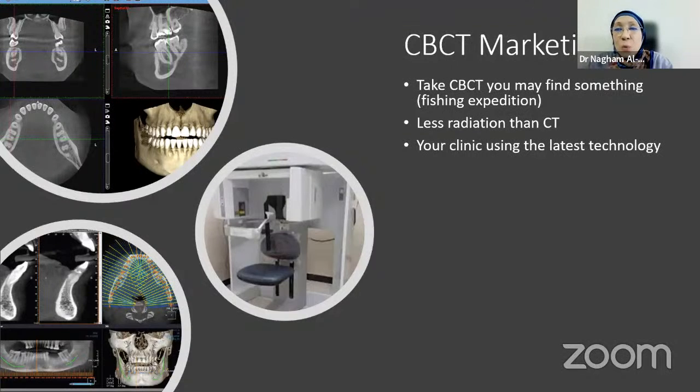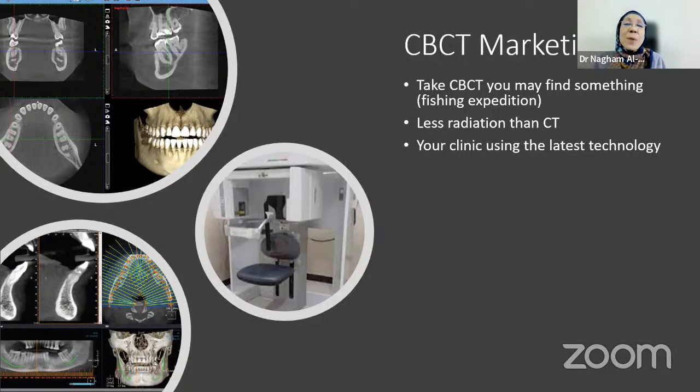And the way it was marketed was to display the features. It's an office setting, which is true. It gives pretty pictures, 3D images, which is true. Less radiation than CT, which is also true, but they strategically forgot to mention that it's higher than 2D images.